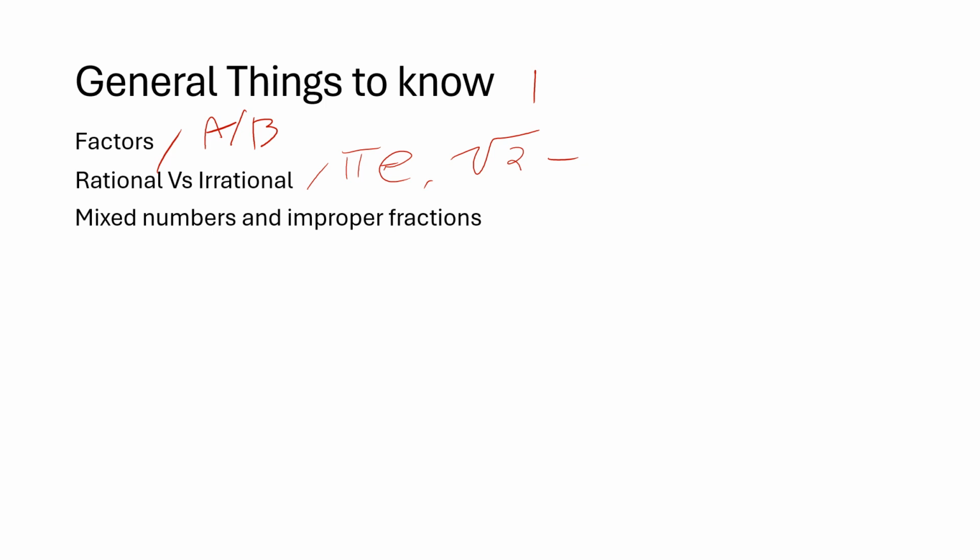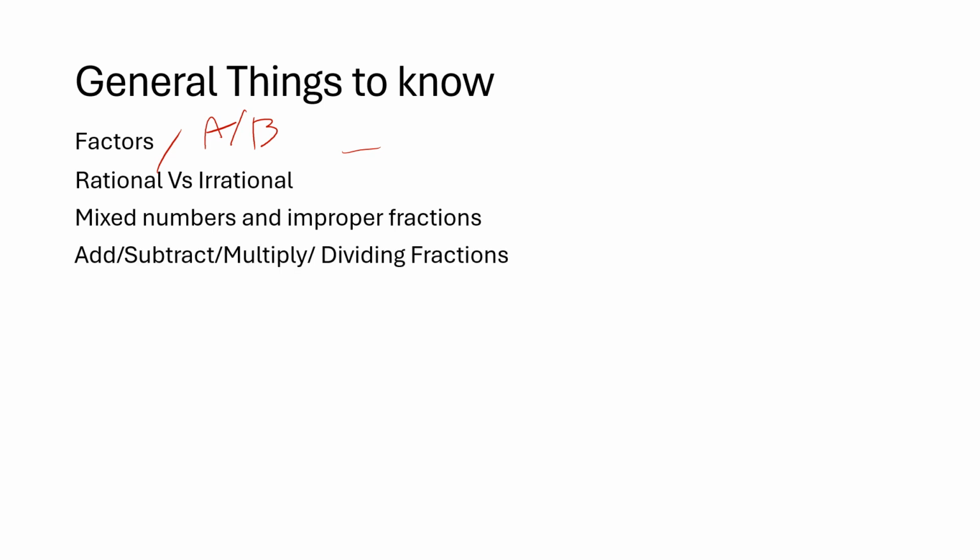Try to keep it in improper fraction form because you can't really simplify it without making it into a mixed number, and mixed numbers are still improper fractions. So let's talk about adding, subtracting, and dividing fractions now. I will talk about adding and subtraction first.